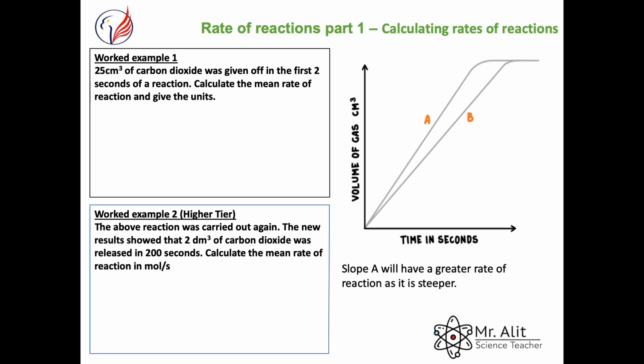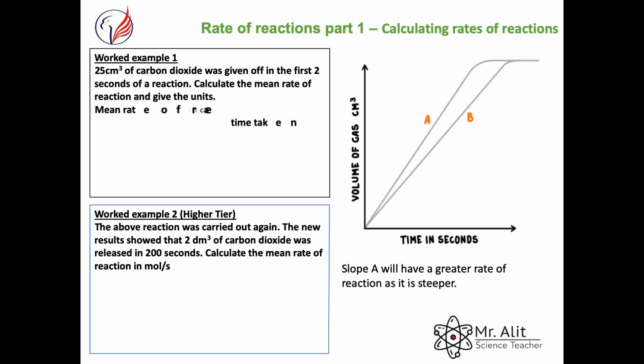Worked example number 1. 25 centimeter cubes of carbon dioxide was given off in the first 2 seconds of reaction. Calculate the mean rate of reaction and give the units. Here, what you have to do is see what you're going to use. Is it the volume or the gram? In this one, 25 centimeter cubes is indicating the volume of the carbon dioxide, so you're using the products over the time.